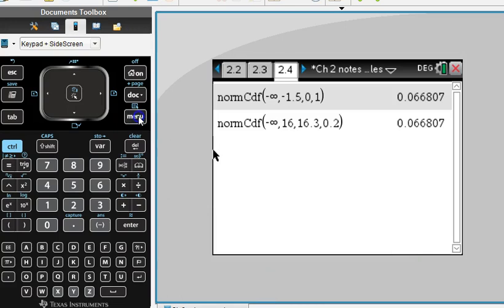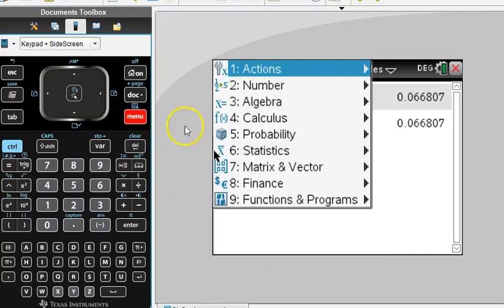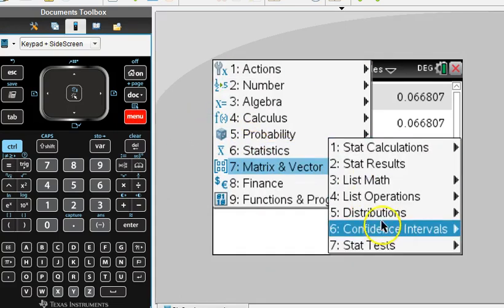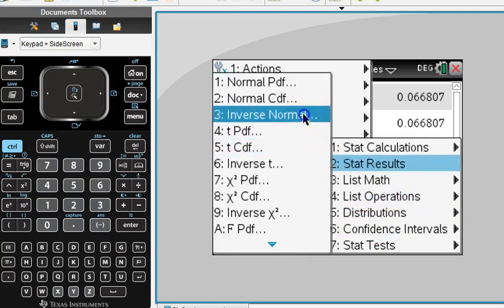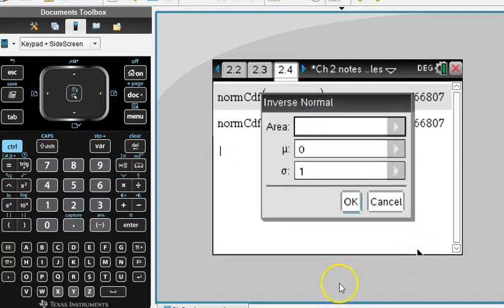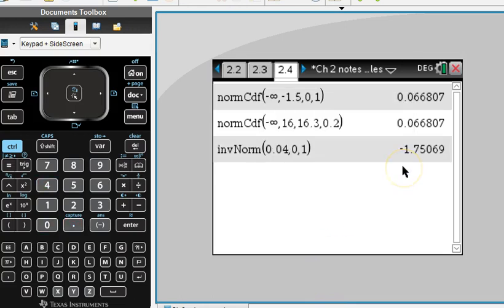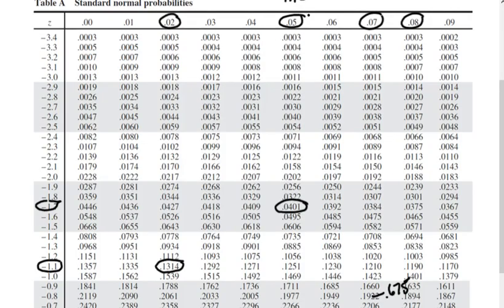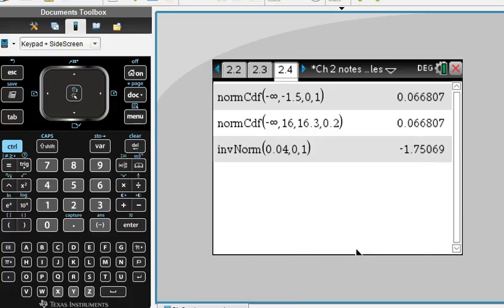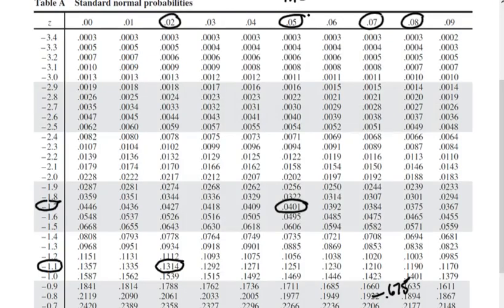Remember, on our calculator, we can do the same thing using inverse normal. So we go to Statistics, Distributions, number 3. We put in the area that we want, which is 0.04, and we can find the correct z-score, negative 1.75. So we get the same thing either way. That one was pretty easy to find using either the table or the calculator.